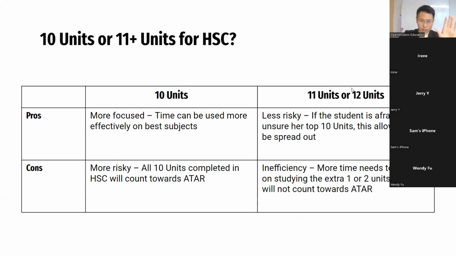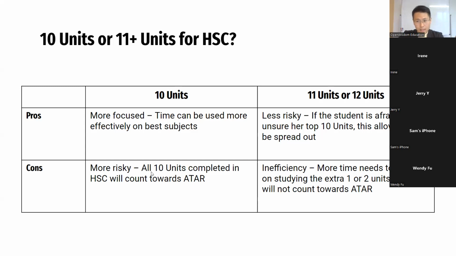On the left, you have the 10 units. The pros of choosing 10 units is that the time you spend on HSC will be very focused, because by the end of your year 11 journey, you should know out of the 12 units you picked, which 10 units will be your best 10 units. So you can use your time more efficiently to get the best result.